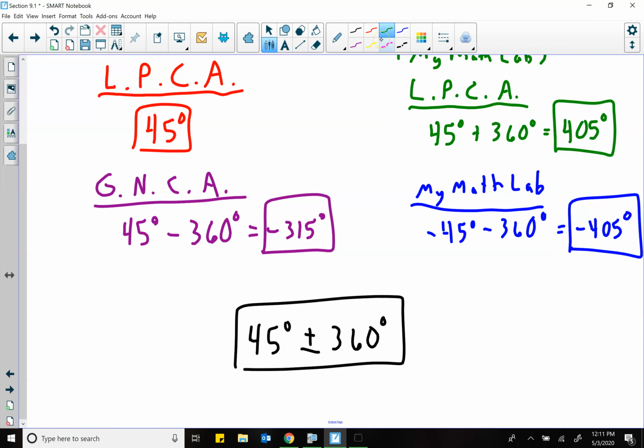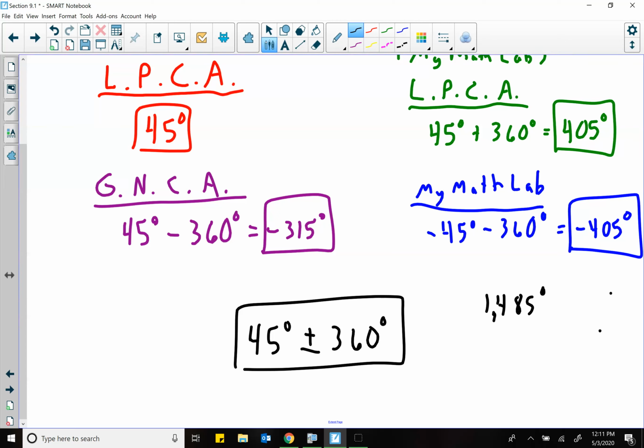Let's just say they gave you the example 1,485 degrees, and they wanted you to find the least positive coterminal angle. Obviously, this angle is way, way big, and that's definitely not between 0 and 360. So all you do to get the least positive, keep subtracting 360 until you get there.